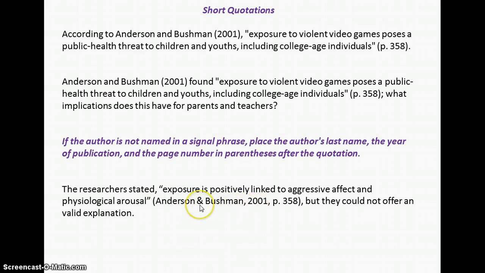Now you notice here, because it's not a signal phrase and it's not within text, you do not actually have to read it as part of the sentence. You would put the ampersand sign instead of spelling out the word and. Comma, space, the year, comma, space, P, period, and the actual page number. Close the parentheses, comma.